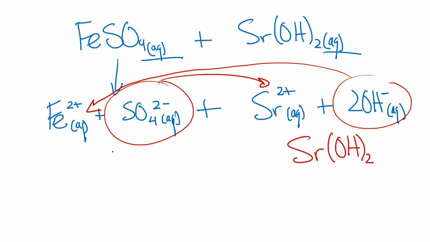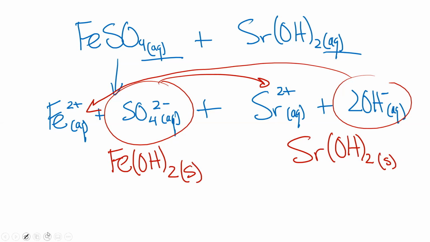The other thing that's happening here is we end up with iron 2 hydroxide. That's the other product. Now you look through your rules. Hydroxides are insoluble unless paired with something like strontium. We actually end up with 2 solids here. This is ironic.